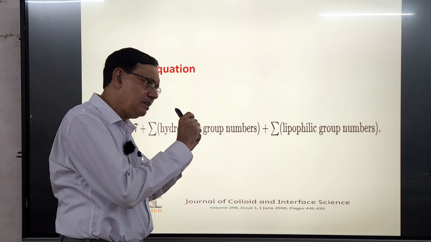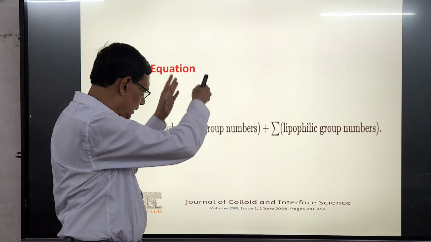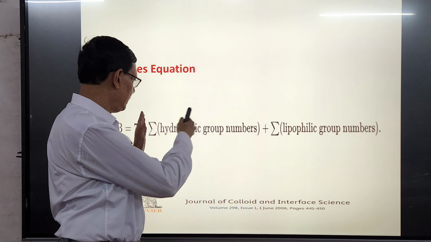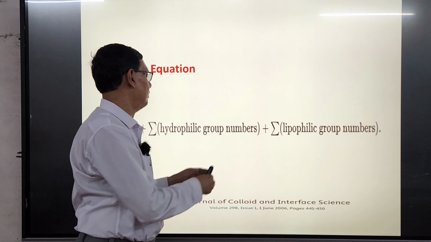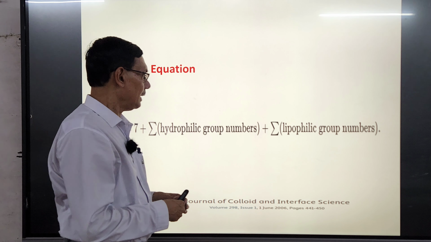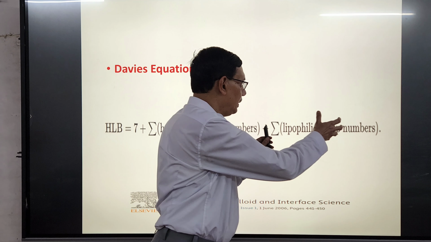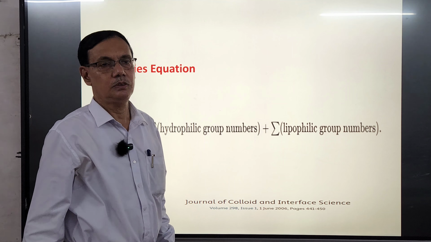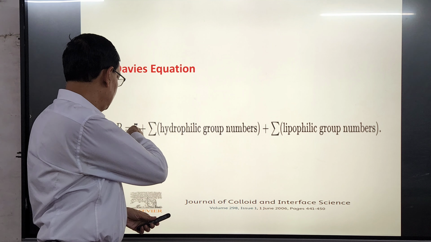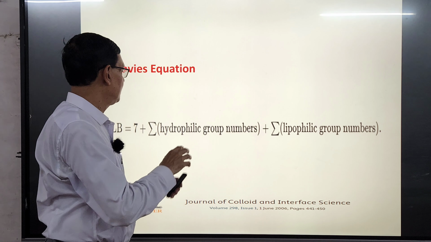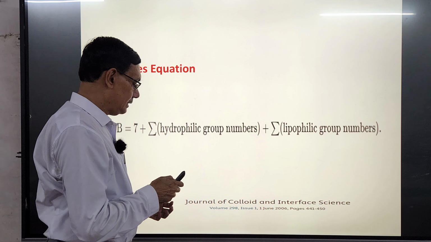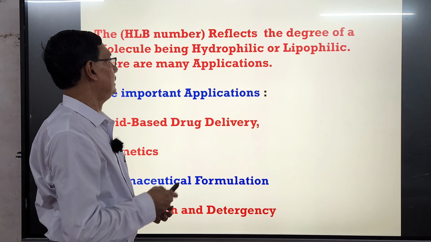In some books it is written with a minus, but according to this paper it is the summation of hydrophilic group numbers plus lipophilic group numbers. If we add this to 7, the HLB scale can be calculated.